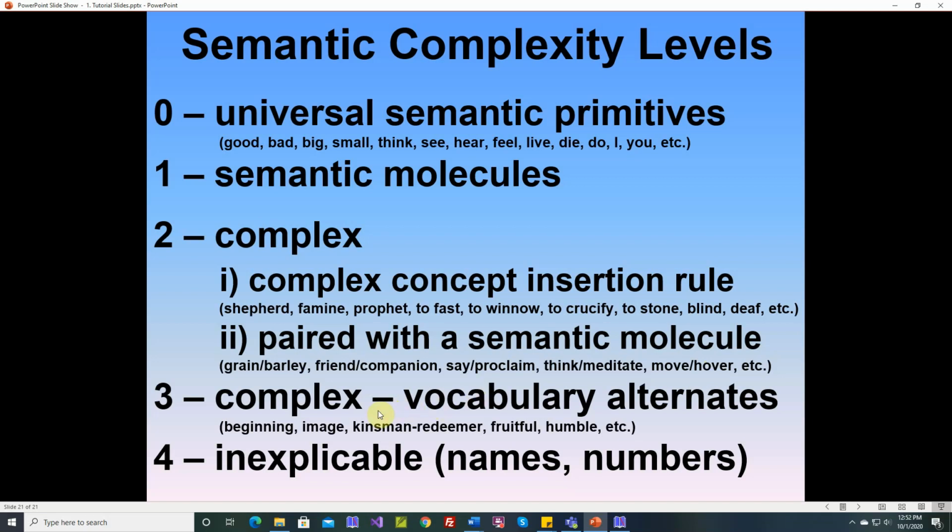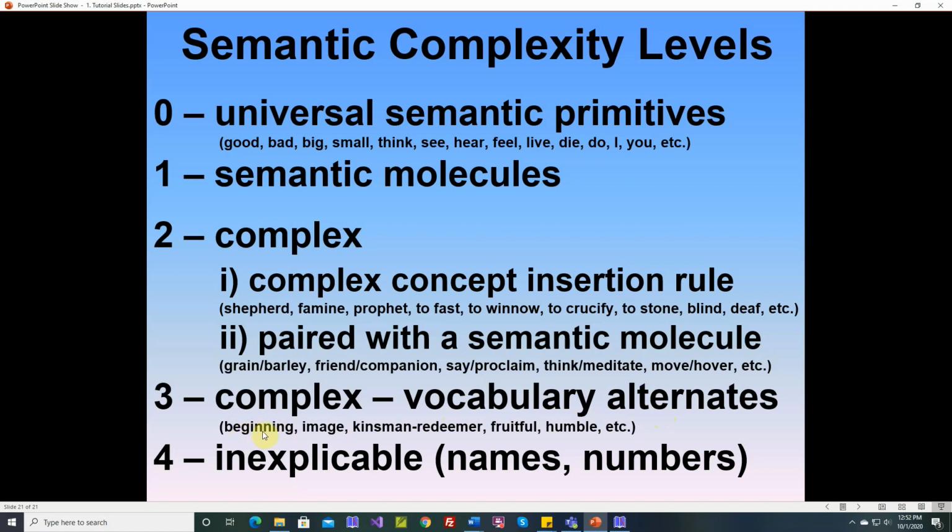But then there are other complex concepts that we can't break down, and we can't pair them with a simple concept. For example, the word beginning in Genesis 1:1. We can't break this down into simpler terms, and we can't pair it with a simpler term. For these complex concepts, we have what we call a vocabulary alternate. In other words, we have a separate sentence that includes this word.